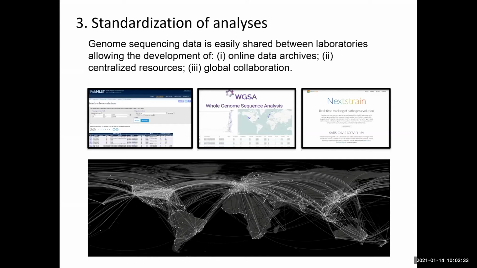Rudimentary analysis, perhaps in many cases, but certainly some form of comparison between the different strains represented by the different genome sequences. And finally, of course, this has made it possible to collaborate across great distances and really understand global genomic epidemiology of many pathogens, including the coronavirus.